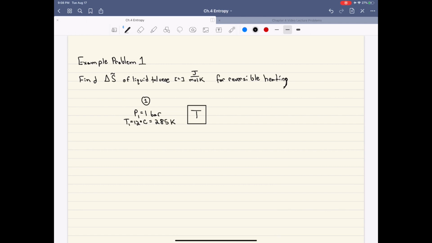In state 2, the toluene is going to be heated, so there's some differential heat added to the system. This causes the toluene to heat up to 55 degrees Celsius, or 328 Kelvin, but the pressure is going to remain the same. And this problem wants us to figure out the change in entropy.